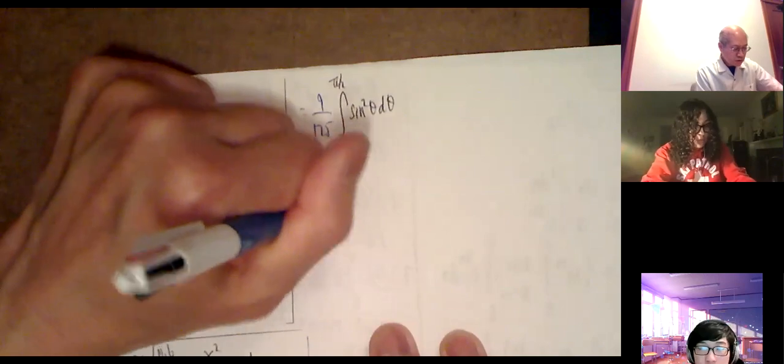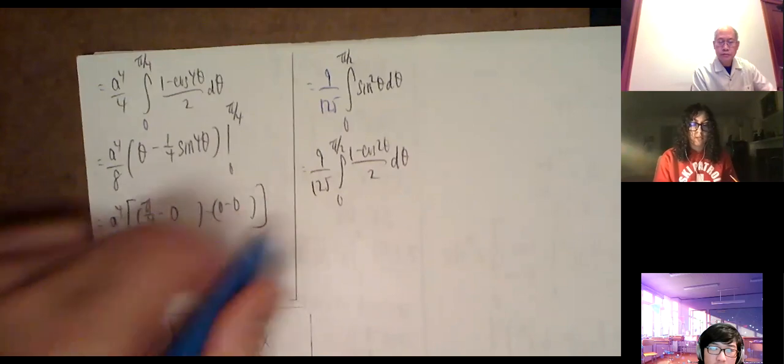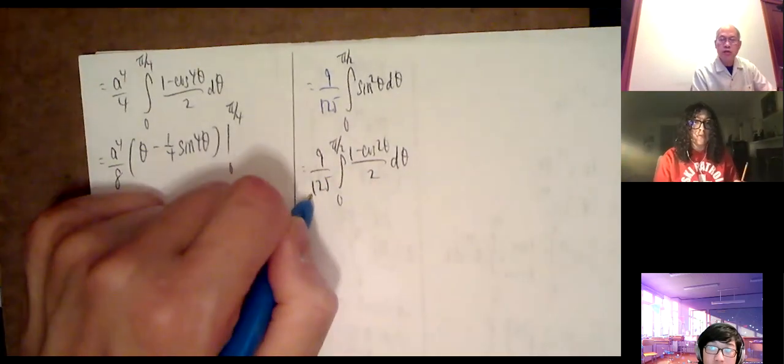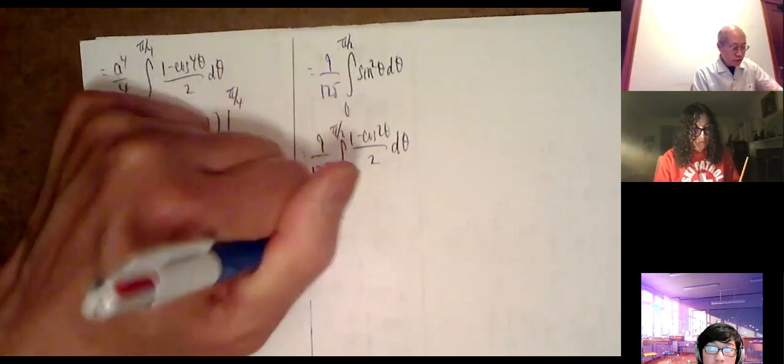All right, there's our old friend sine squared again. One minus cosine 2 theta over 2 d theta. Bring the 2 with the 125, that'll be 250. It's getting weirder and weirder.